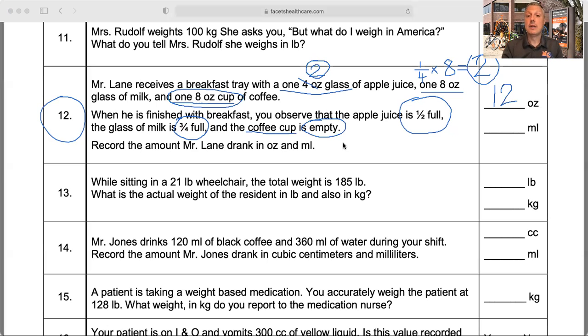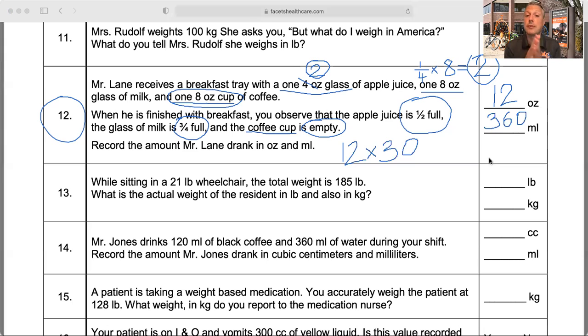In mL, I'm going to do my multiplication after I calculate my ounces. I'm going to multiply 12 times 30. 12 times 3 is 36. And then all you have to do is add the extra zero at the end if you like doing quick math. Otherwise, you can just multiply the 12 times 30 on the calculator and we receive our 360.